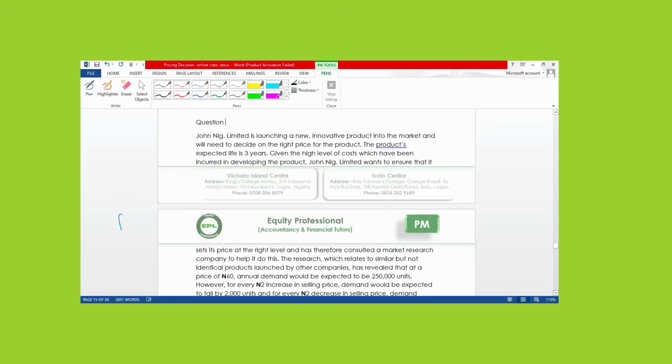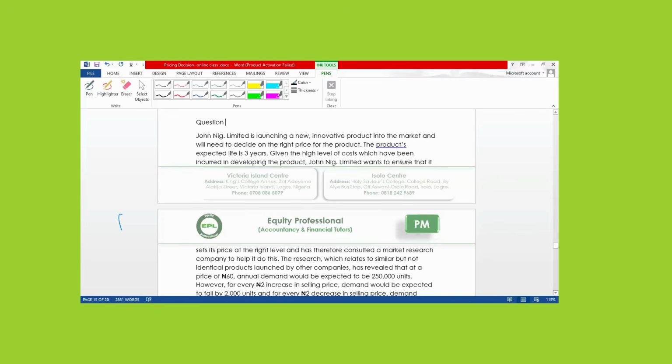Given the high cost incurred in developing the product, the company wants to set the price at the right level and has consulted a market research company.